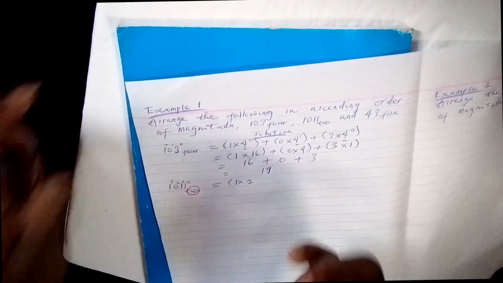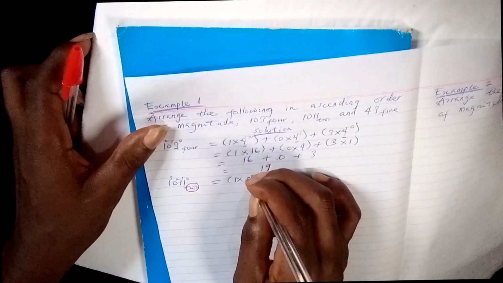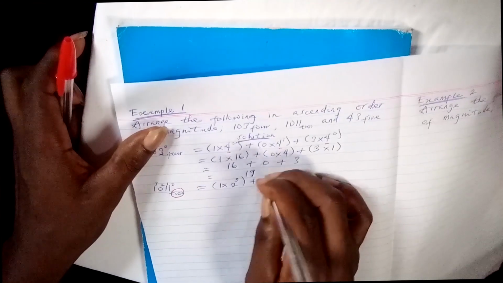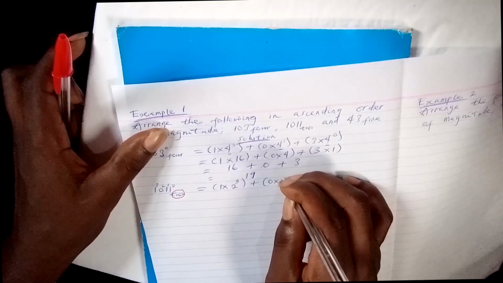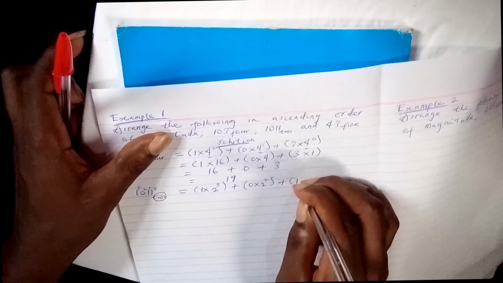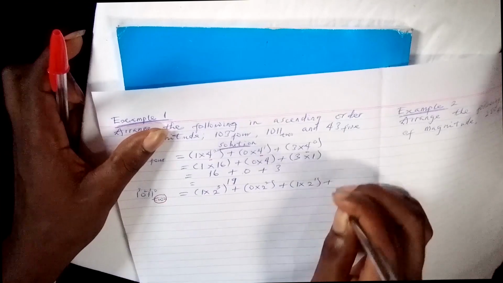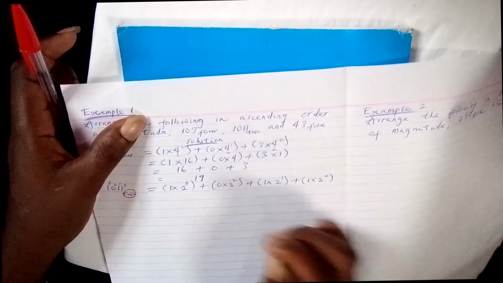So 2 power 3 plus 0 times 2 power 2 plus 1 times 2 power 1 plus 1 times 2 power 0.